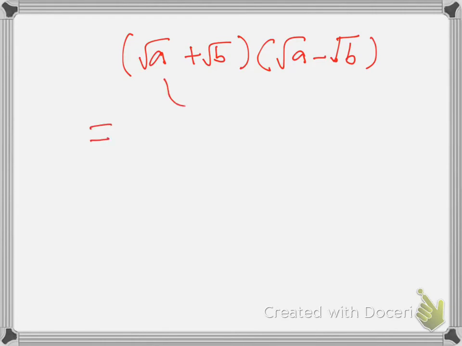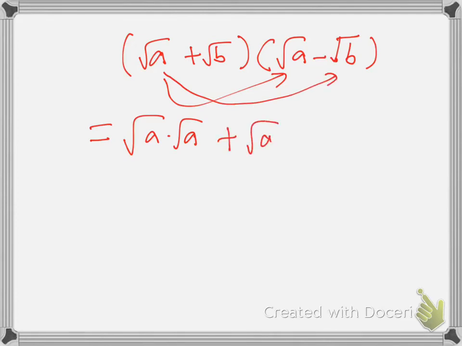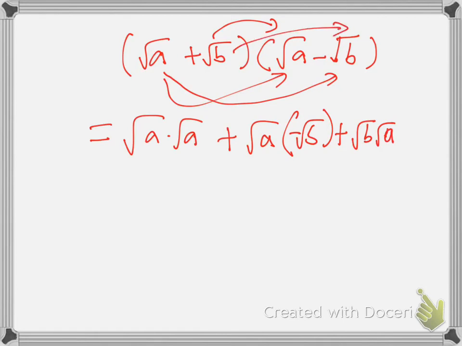So the first product, radical A times radical A. Outer product, radical A times negative radical B. Inner product, radical B times radical A. And last product, radical B times negative radical B. So this is A because it's A squared.